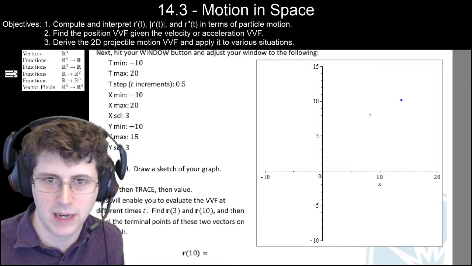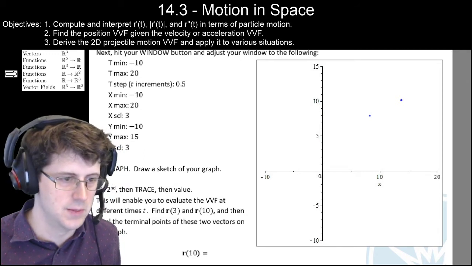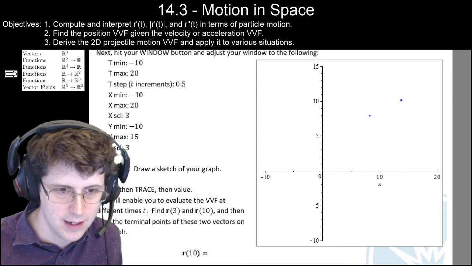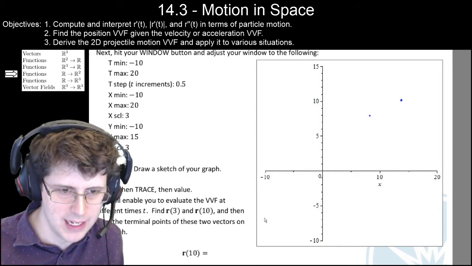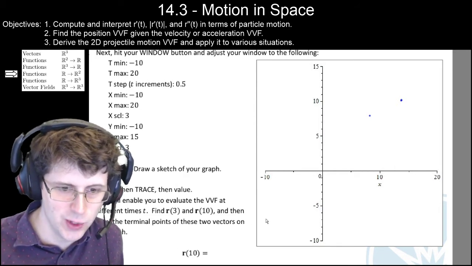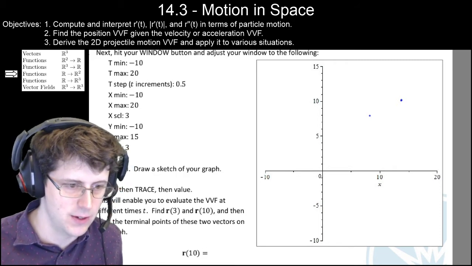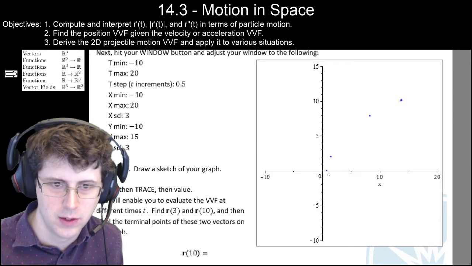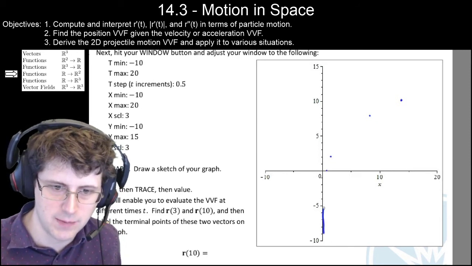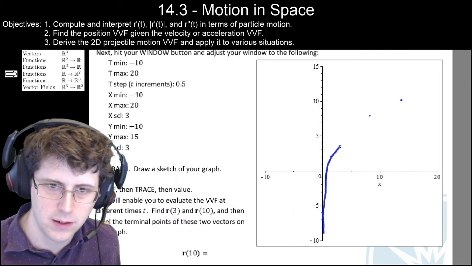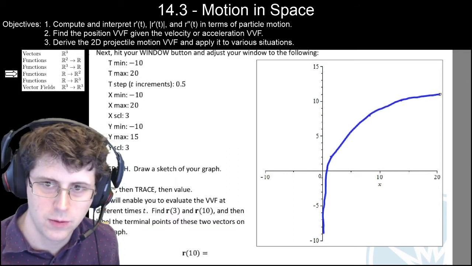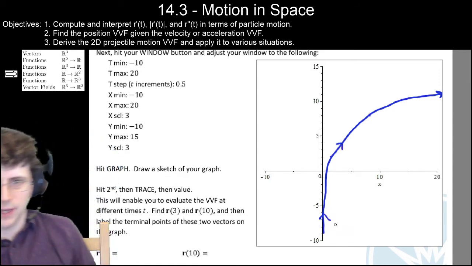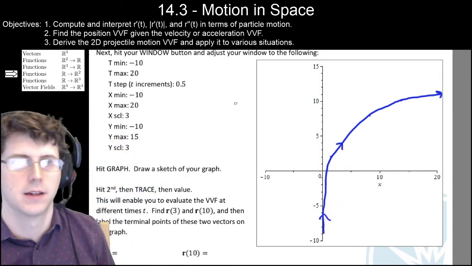I'm just looking at the Desmos graph, comparing to the grid. Looks like when y is 2, x is a little bit less than 2. So the graph is going to look something like this. Okay, just slightly more accurate than before.